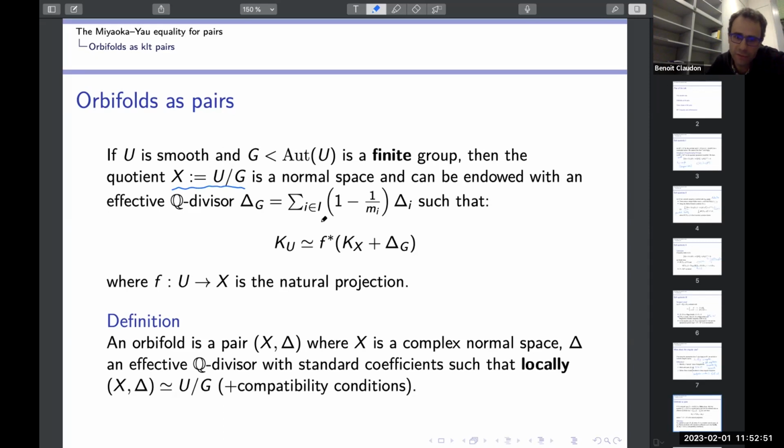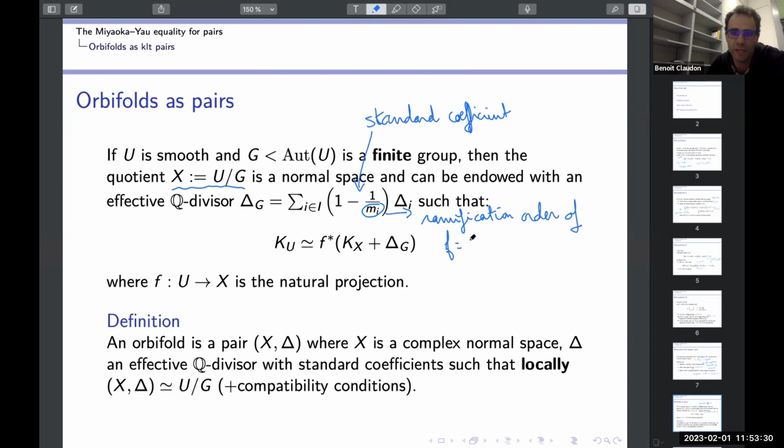There is a natural Q-divisor defined on X with the so-called standard coefficients, of the shape 1 minus 1 over m_i. The m_i are exactly the ramification order of the projection f from U to X along any component of the pullback.